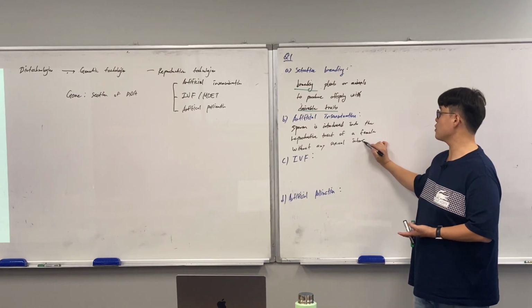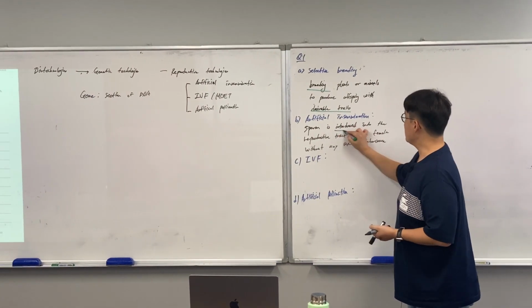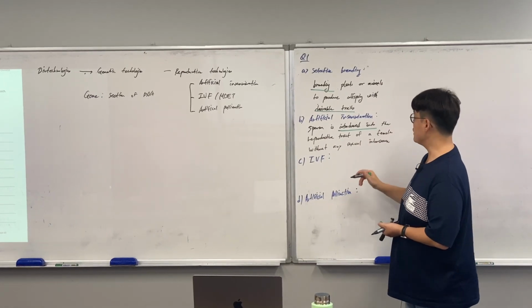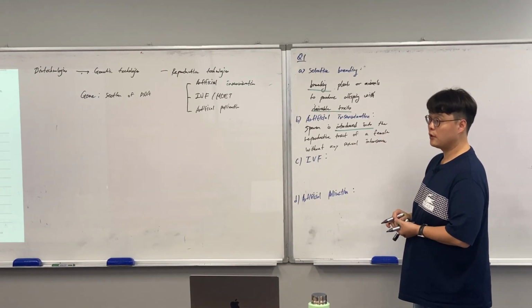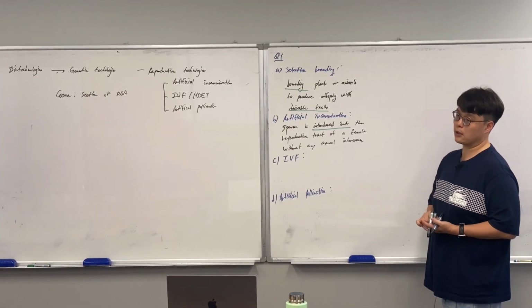From here, this is the entry into the tract of the female from the sperm cell. So we get the sperm cell out and put it into the female's body, basically.